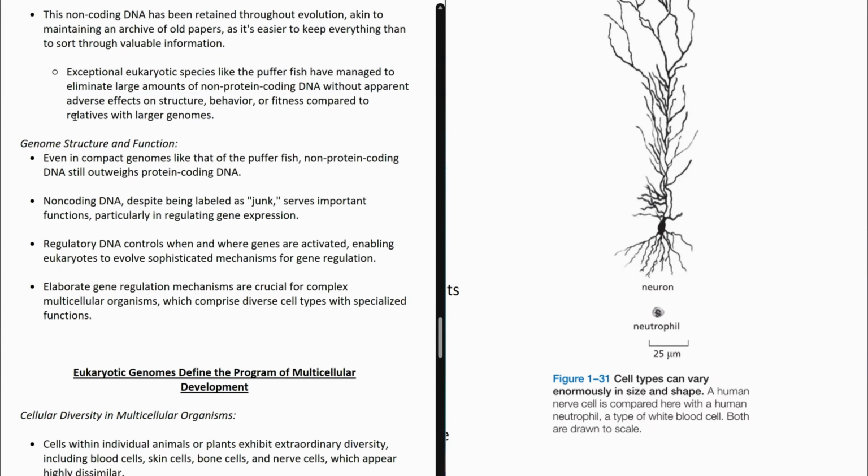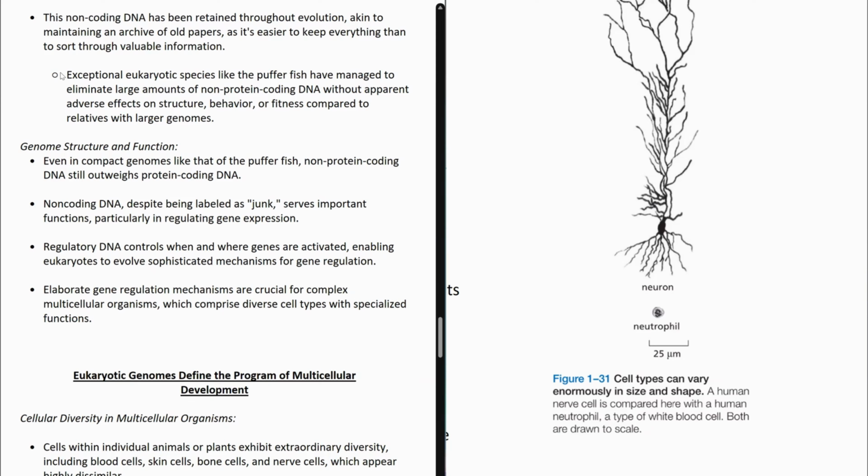The book mentions it's akin to maintaining an archive of old papers: it's easier to keep everything rather than waste energy and effort removing what's not necessary, so it's better to just keep it.